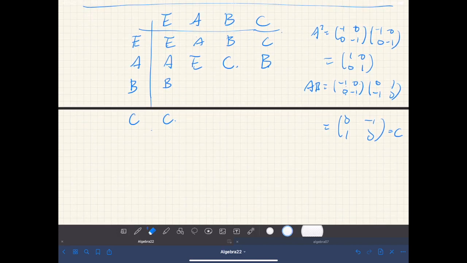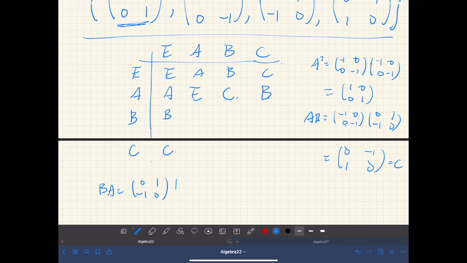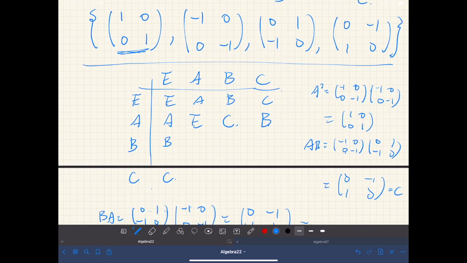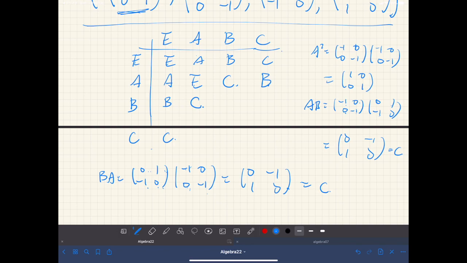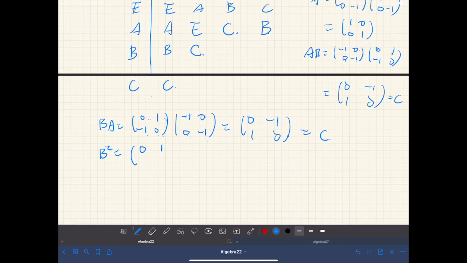And BA is 0, negative 1, 1, 0. That is C. And B squared is 0, 1, negative 1, 0, times 0, 1, negative 1, 0, which is negative 1, 0, 0, negative 1.